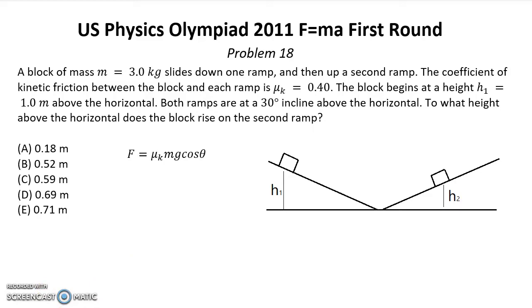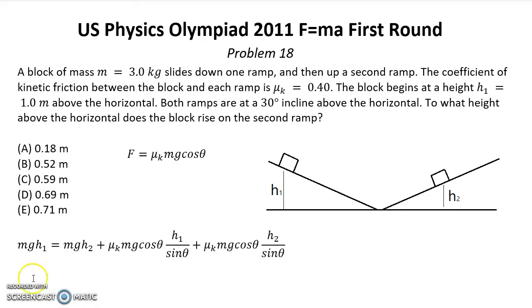Now the full equation looks like this. mgh1 equals mgh2 plus work done by force of friction, which is force of friction multiplied by total distance on the first ramp, which is h1 over sine theta, plus force of friction multiplied by second distance, which is h2 over sine theta. From here we can find what is h2.